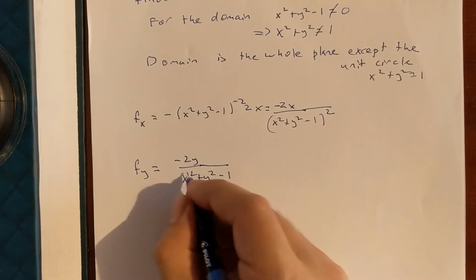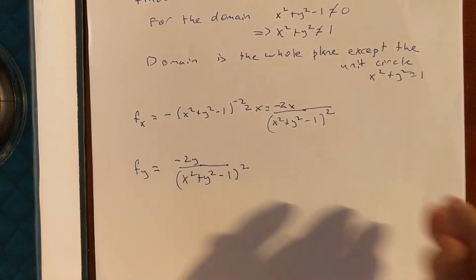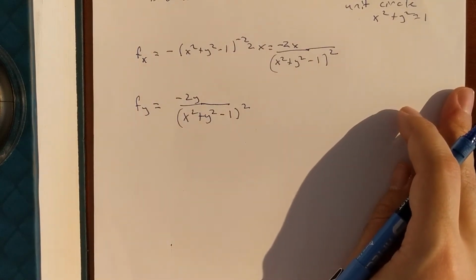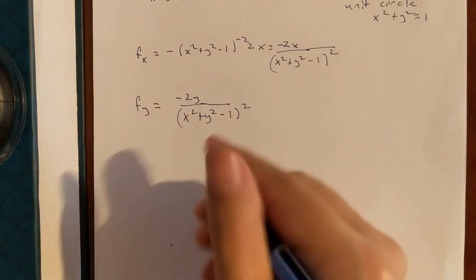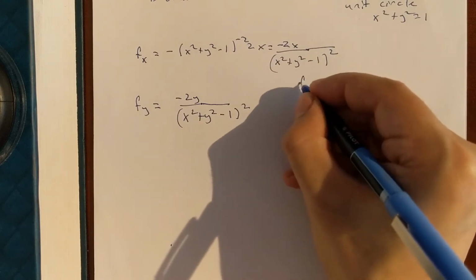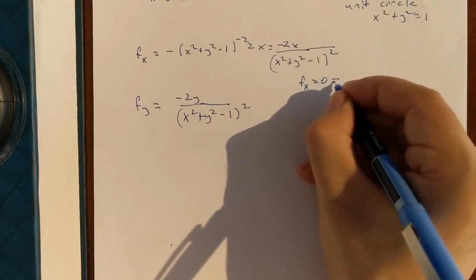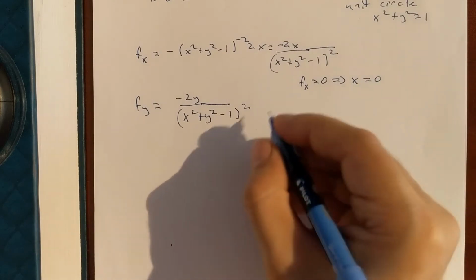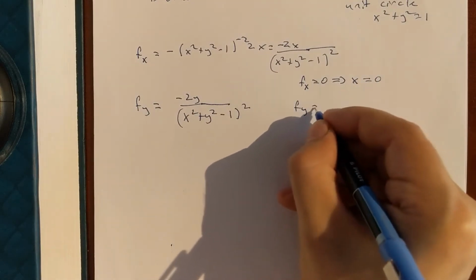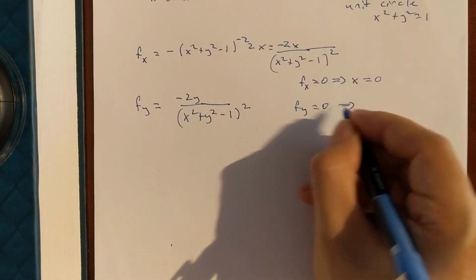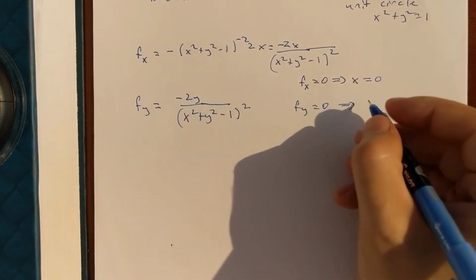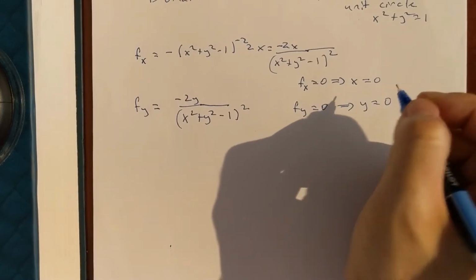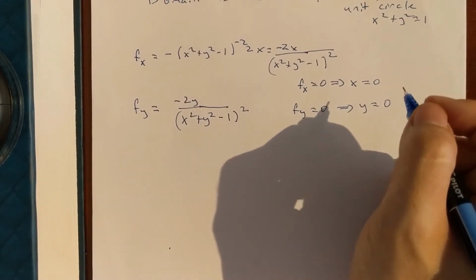So when is f sub x equal to 0? Immediately x is equal to 0. And f sub y equals 0 happens when the numerator is 0, so when y is equal to 0. So these are our candidates for critical points.